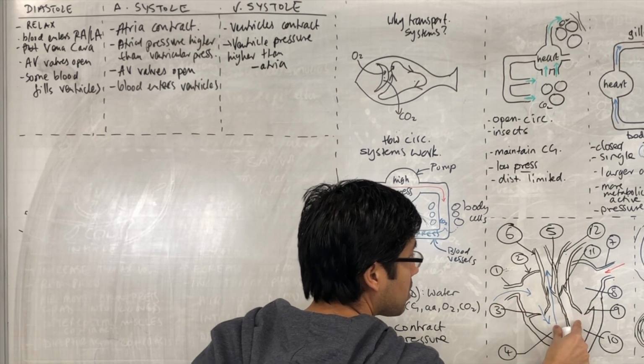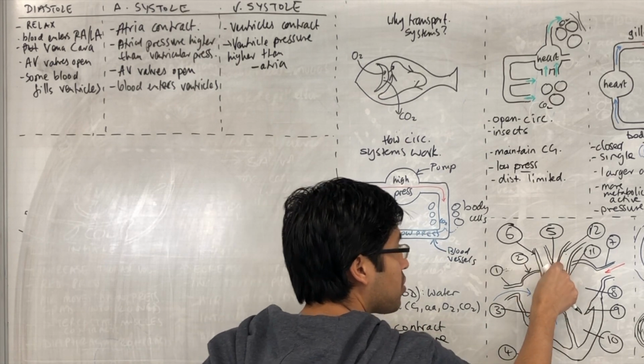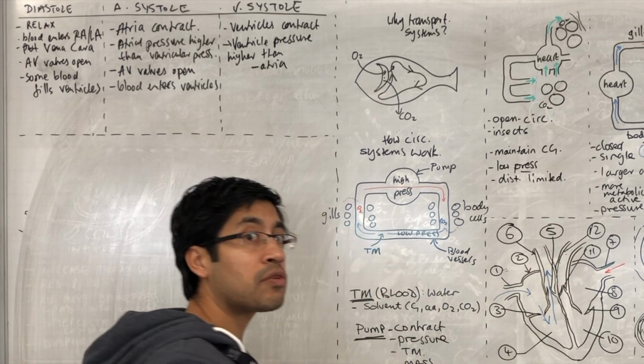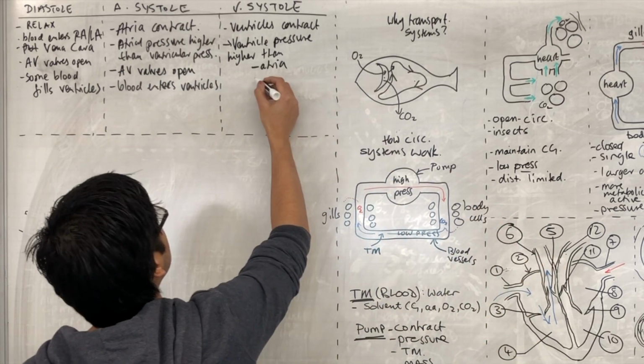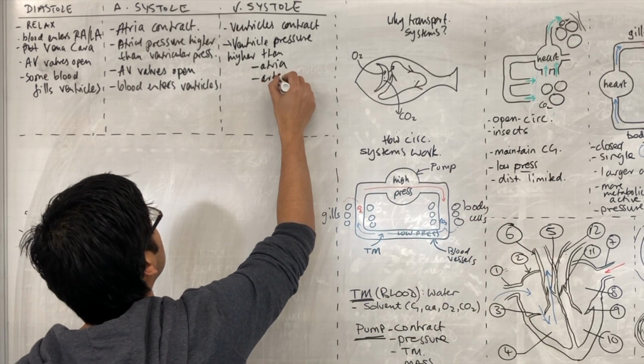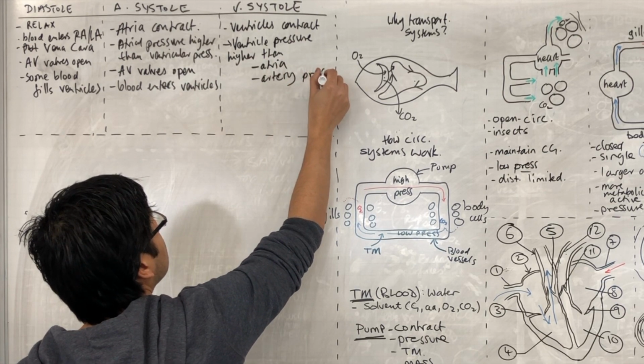So the ventricle pressure is higher than the atria pressure, okay? But it's also higher than the artery pressure. So the pulmonary artery and the aorta. Higher than atria and artery pressure.